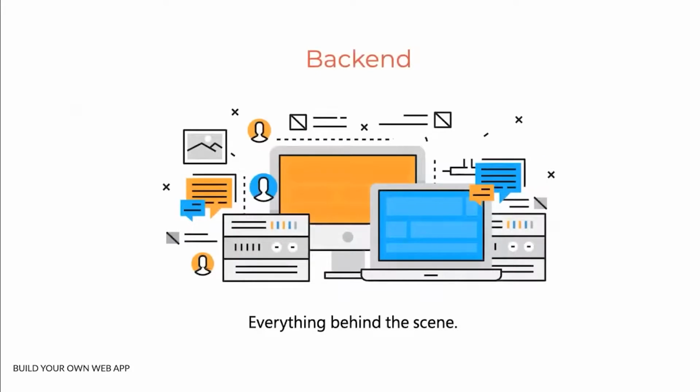So backend is everything that happens behind the scenes. I think everyone has come across this image on Facebook where you always see the iceberg and you won't know how huge it is under the water. So under the iceberg is what we call backend. The iceberg that you can see at the top part is what we call front end.